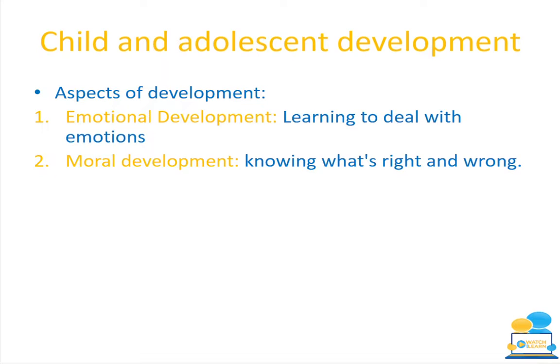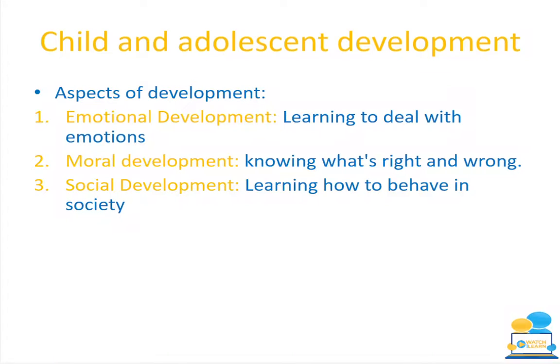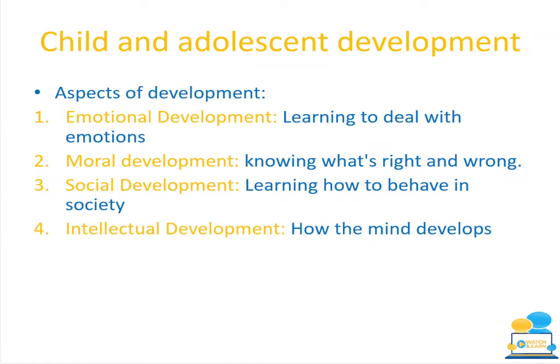Their moral development, so parents teach them what is right and wrong. So for example, you don't steal. What's right is please and thank yous. Social development, so you learn how to behave in society. So for example, you're not running around a shop screaming. You queue after people in a shop. You don't skip the line. Intellectual development. So you learn stuff from your parents.